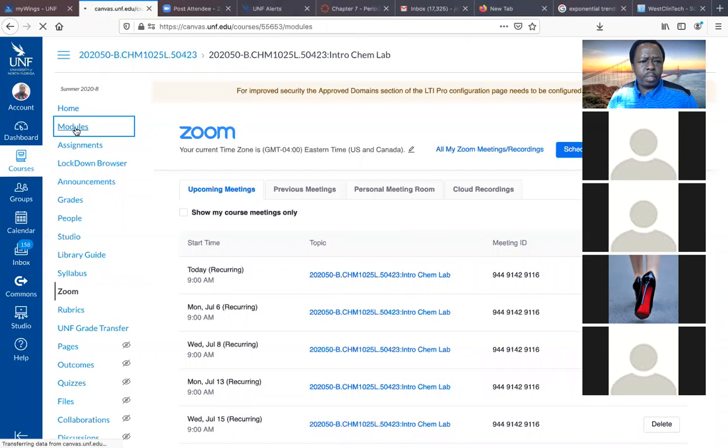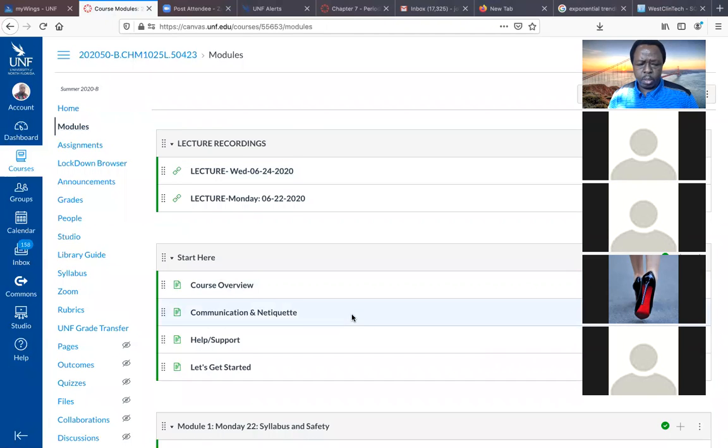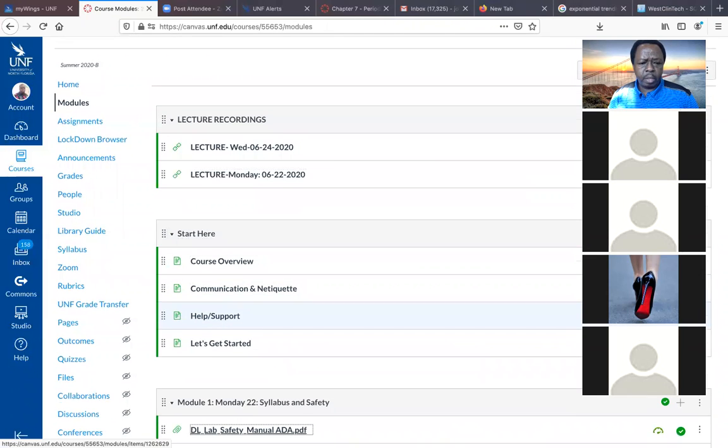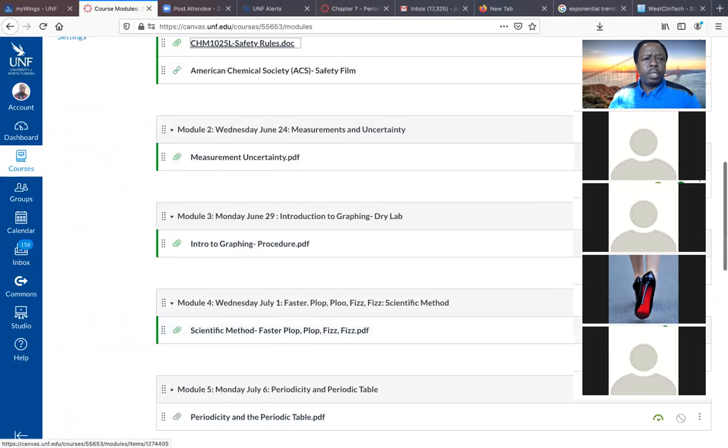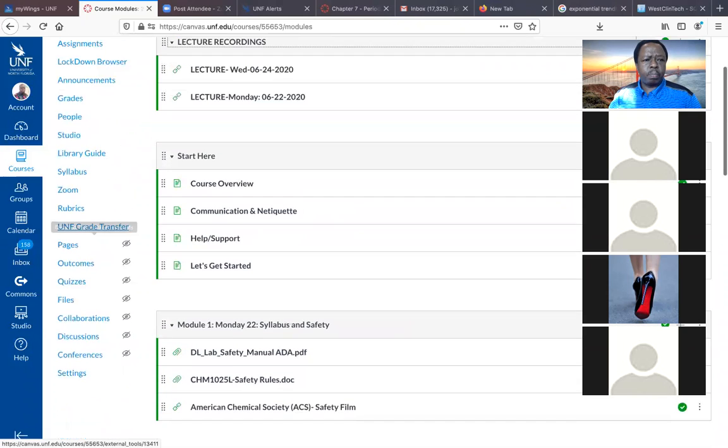Under the modules, you will go to today's lab and download the document. This is today's lab, and this is the PDF form. The data sheet is posted in the assignment folder here.